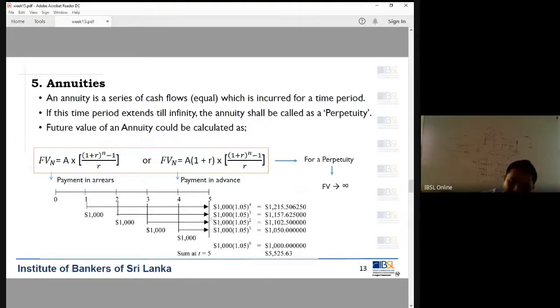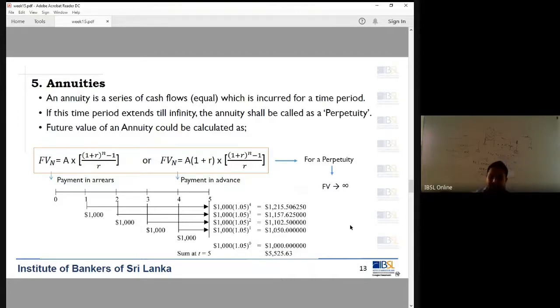Mathematically, what we have done is this: if you look at this carefully, this 1.05 is nothing but 1 plus r. So this is equal to 1000 multiplied by (1 plus r) to the power n, where n is equal to 4, 3, 2, 1 and 0 at these individual points.